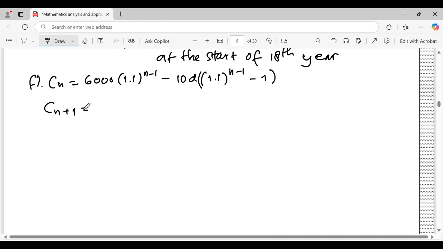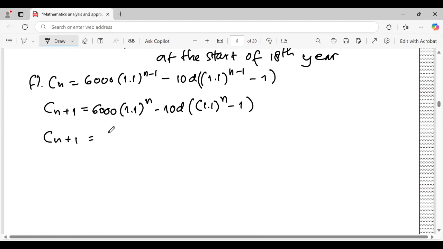Cn plus 1 equals 6,000 times 1.1 power n, because n minus 1 plus 1 equals n, and minus 10D times 1.1 power n minus 1. So Cn plus 1 equals Cn, equal constant.